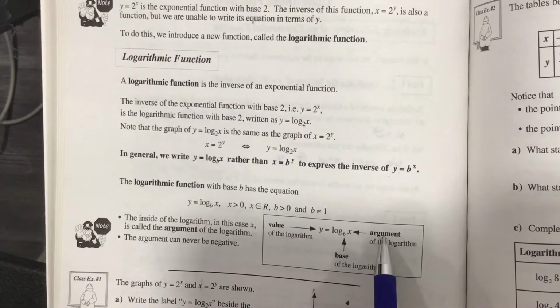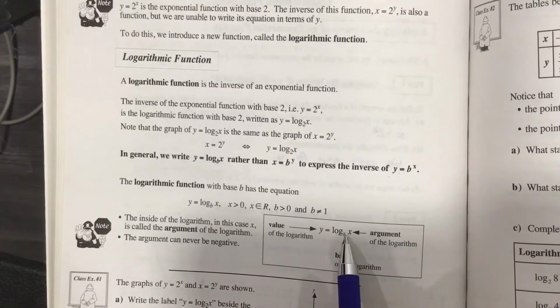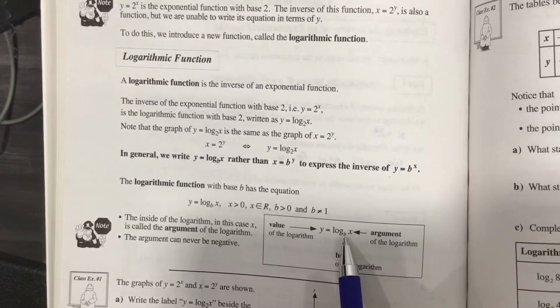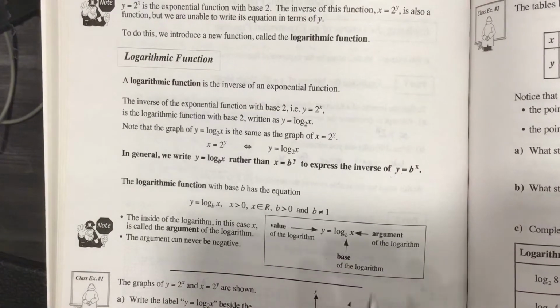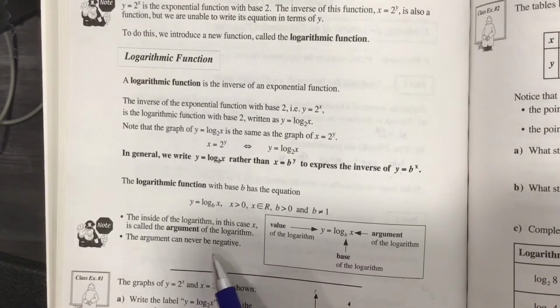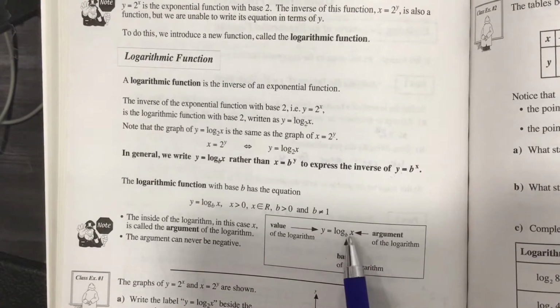X is known as the argument of the logarithm, and this lowercase b here is known as the base of the logarithm. And notice how the argument can never be negative for a logarithm.